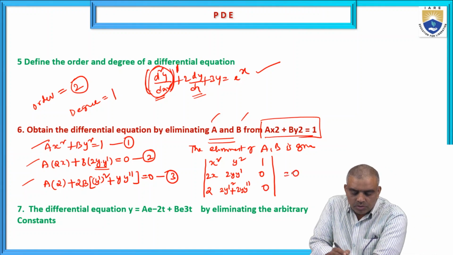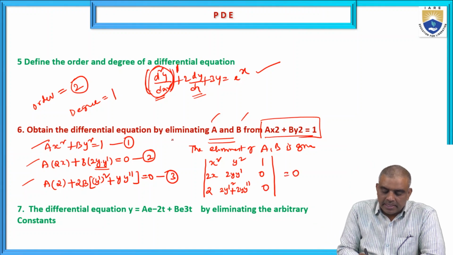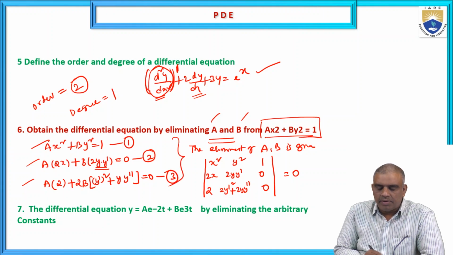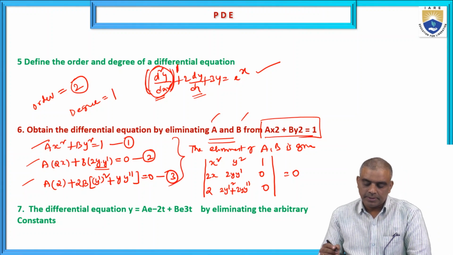And this is equal to 0. The eliminant of a comma b is the determinant of the coefficients of a comma b in the given 3 equations.